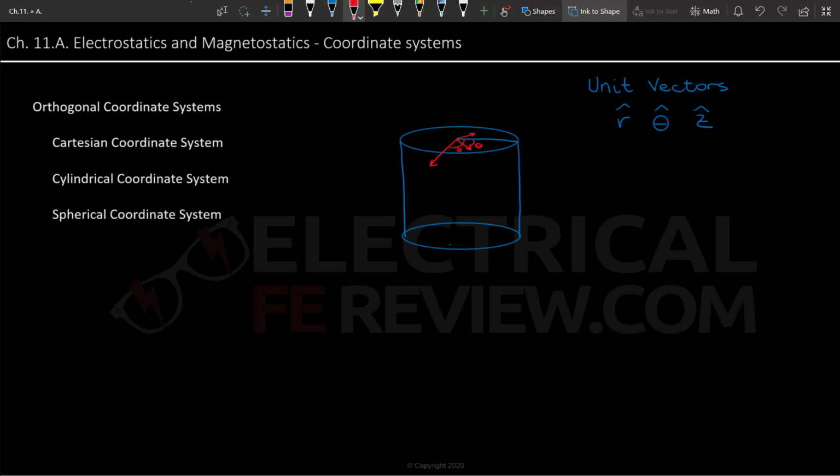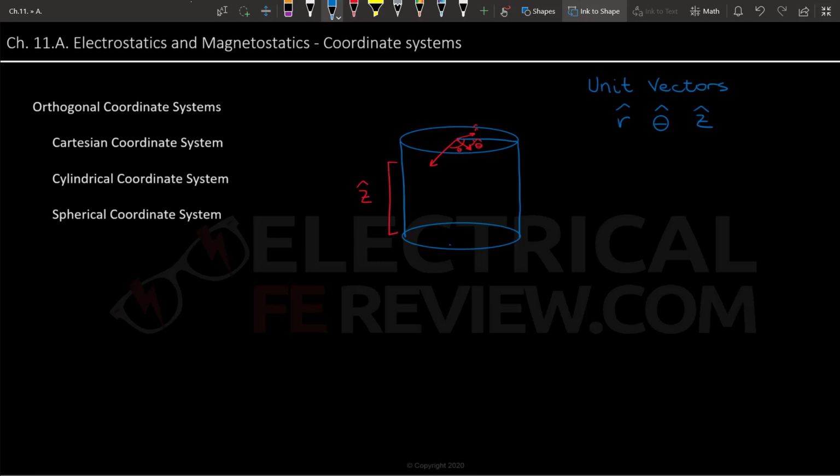Now our last unit vector is z. Z is very easy. It's going to be the exact same value as in the Cartesian coordinate system. So it is just going to be how high up the point is. Let me write down that this distance is going to be r, this one's theta, and finally, say we have a point at this height, that will be the z component.